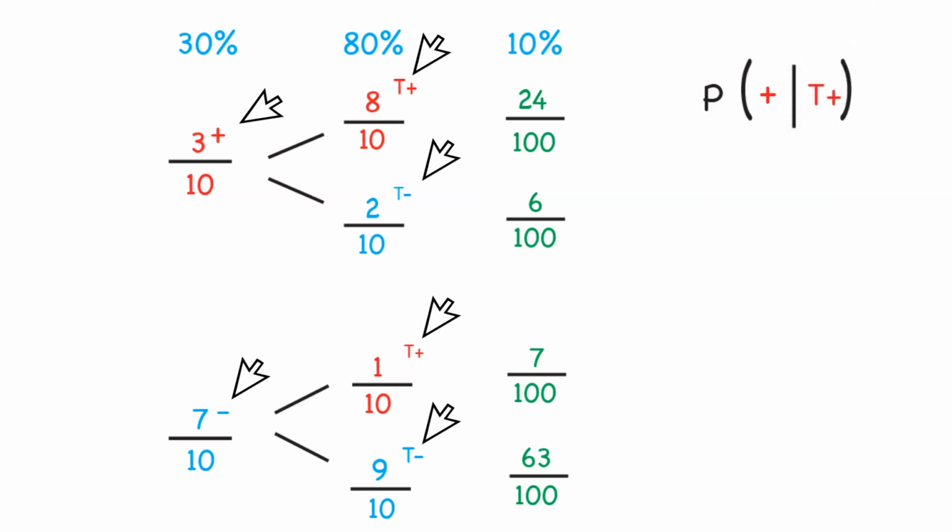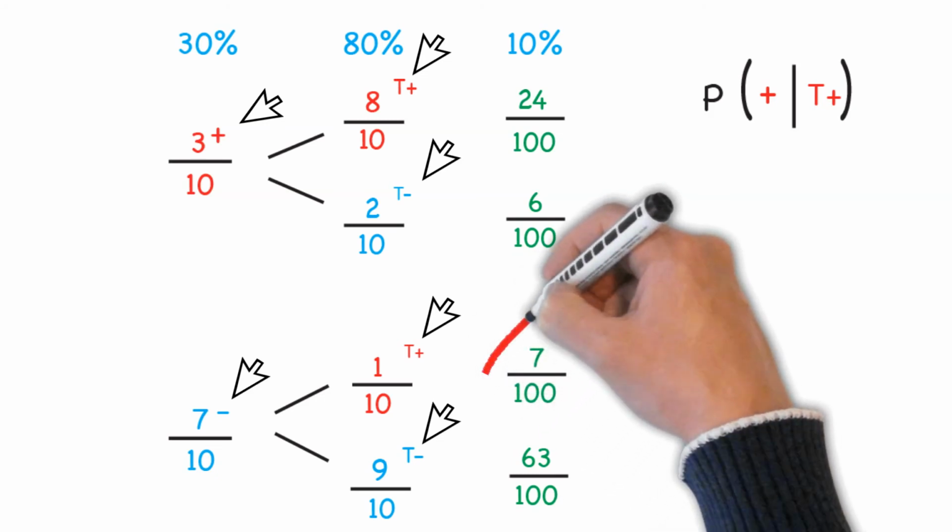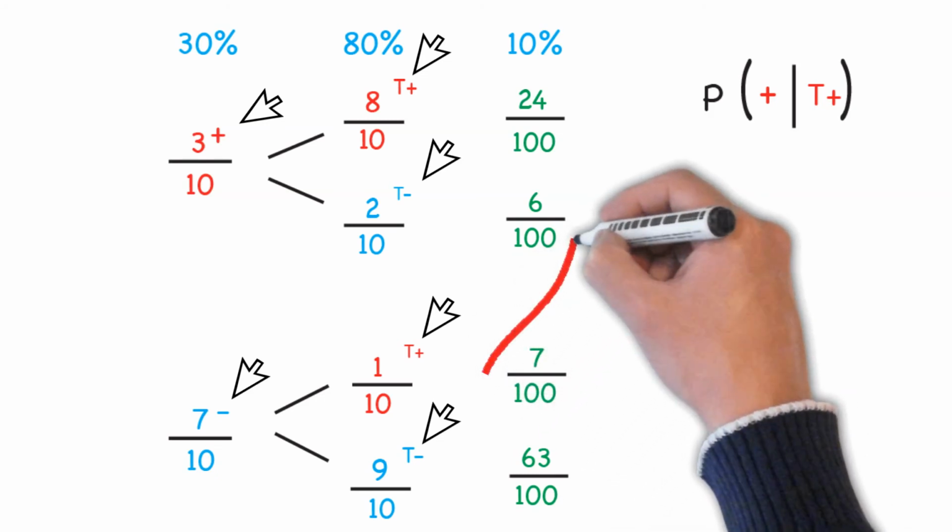So we're saying, what's the probability that you really are positive given that you tested positive? Well, the testing positive is actually everything inside this bubble. And I'm going to draw a little bubble here. If you tested positive, you're in this part of the game, right?